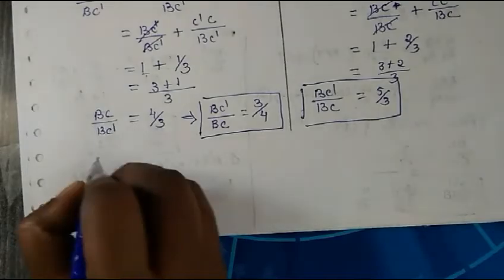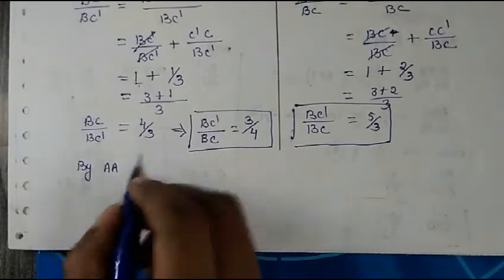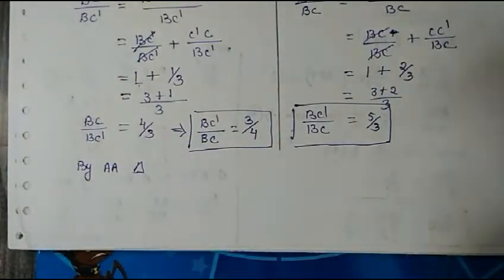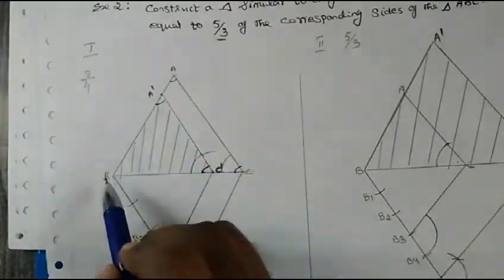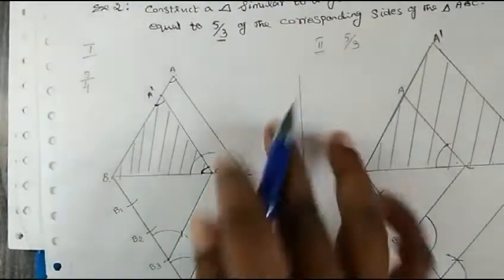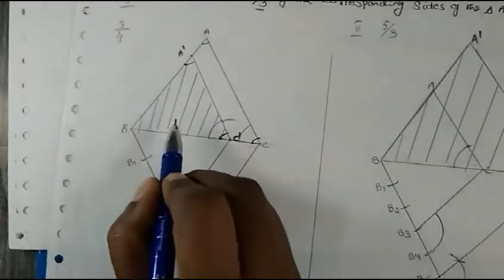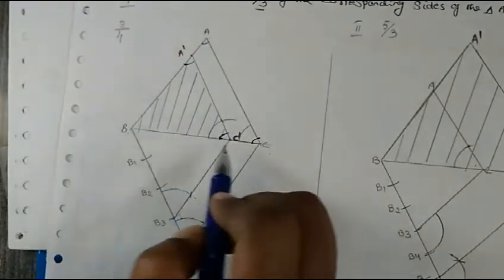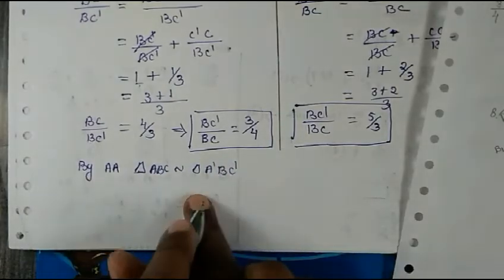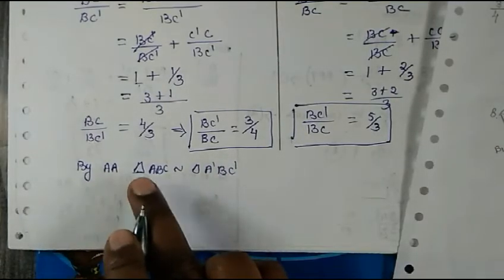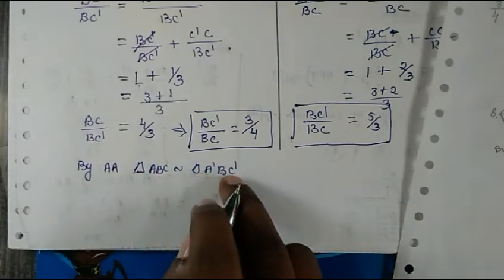Okay, so you can write here, by angle criteria, we can say that the original triangle, the bigger one, triangle ABC, will be similar to the small one we constructed, triangle A dash B C dash.